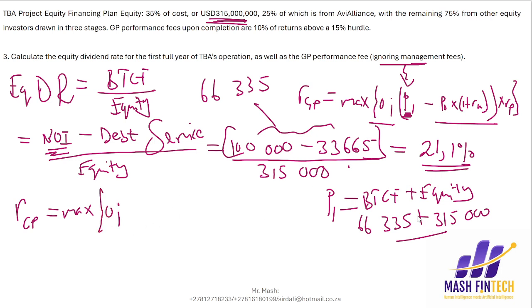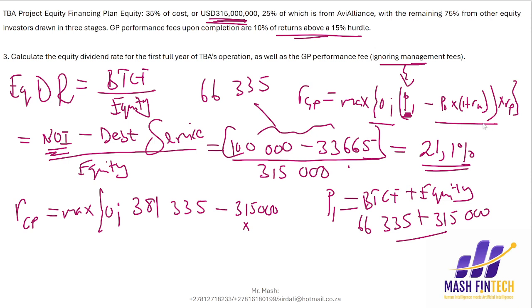Our P1, if we add these two, we must get 381,335,000 minus, we are now going to subtract the equity, which is 315 million. We multiply this value by the performance return.